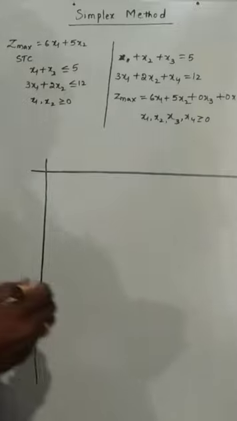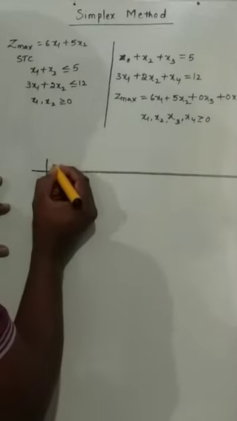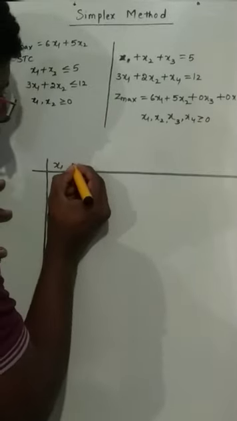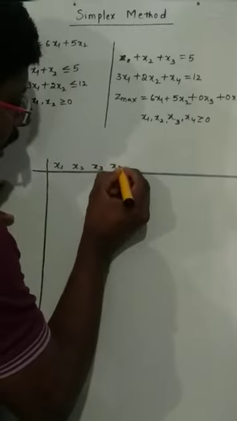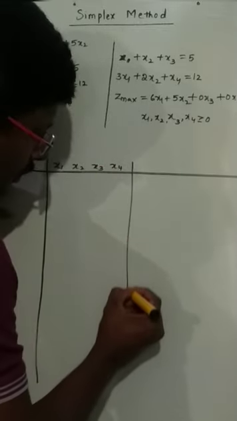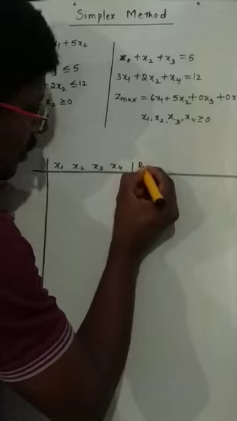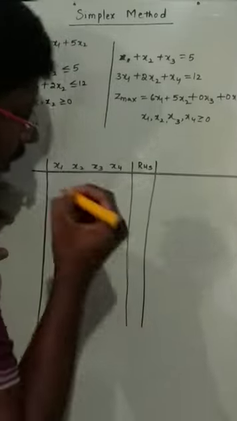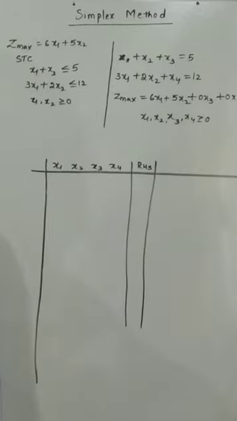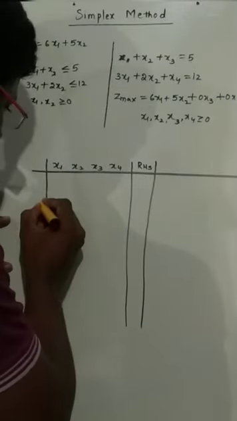So now, according to the objective function, I'll write the variables x1, x2, x3 and x4. Okay, the RHS values will be written in this place.